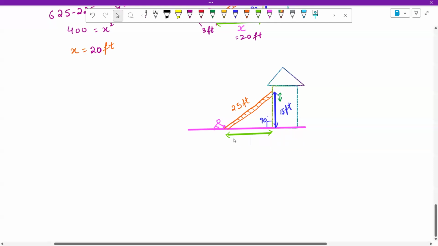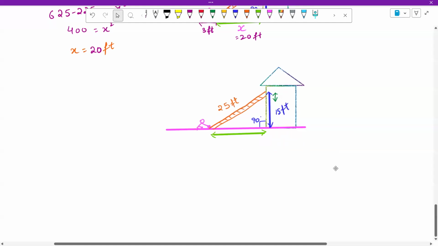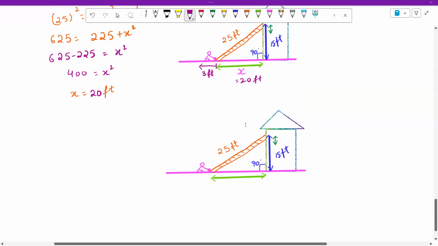Let's say this ladder is now, let me elongate it. So this was before, this x was initially 20, but now we have slid the ladder a little. We know this must have slid a little, so that means the height does not remain the same. It must have reduced a little.